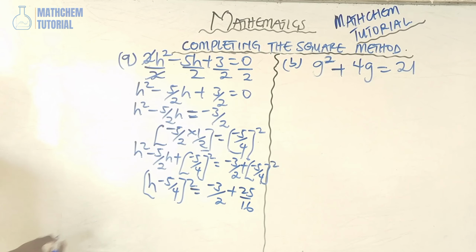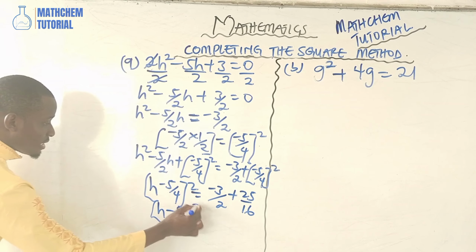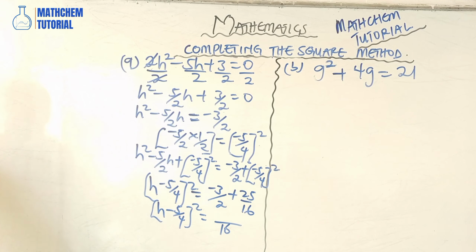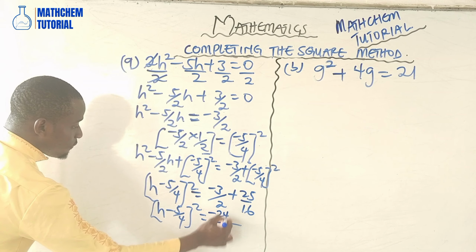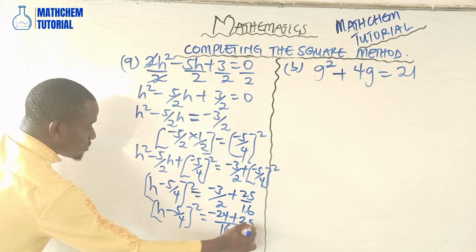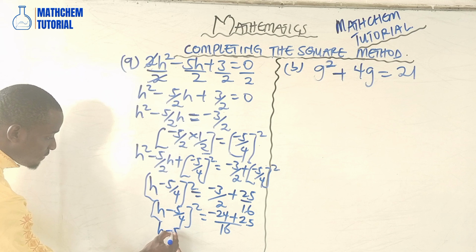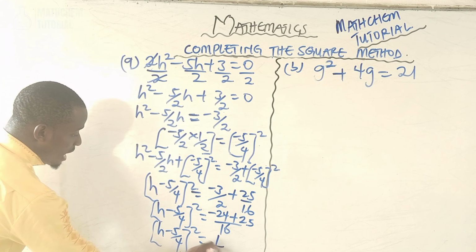So let's continue: (h - 5/4)² equals the LCM, which is 16. 16 divided by 2 is 8, 8 times -3 is -24. Plus 16 divided by 16 is 1, 1 times 25 is still 25. So we now have (h - 5/4)² = (-24 + 25)/16, which is 1/16.